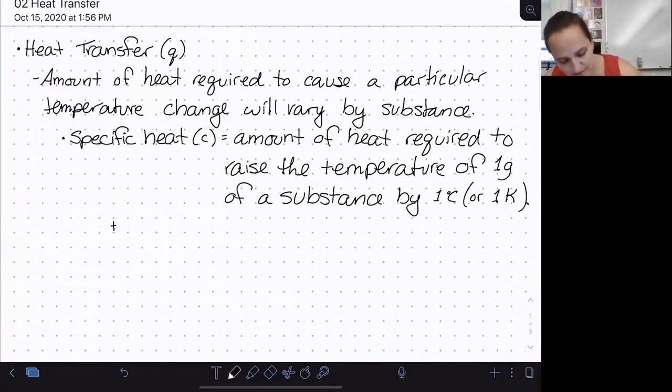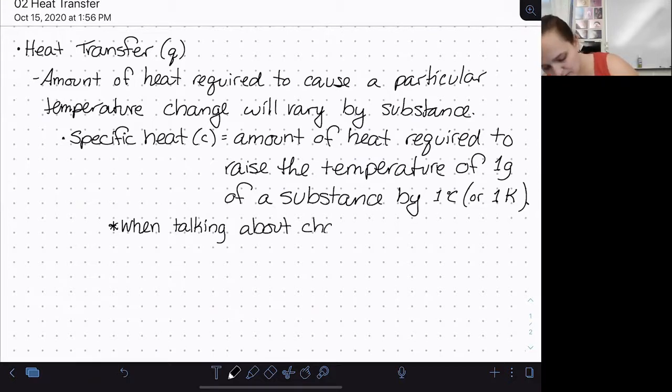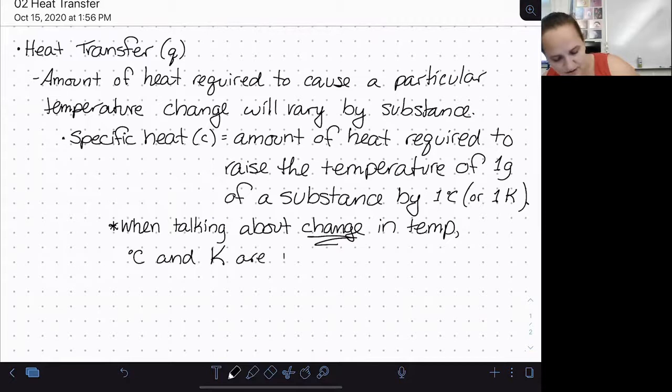So when we're talking about change in temperature, degrees Celsius and Kelvin are interchangeable.